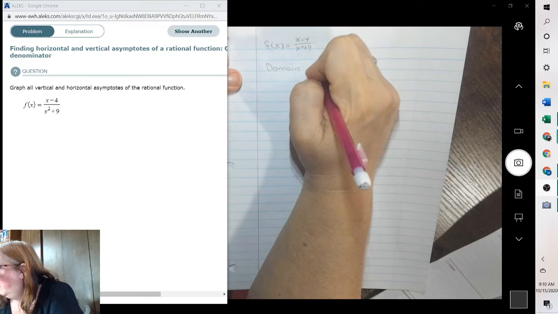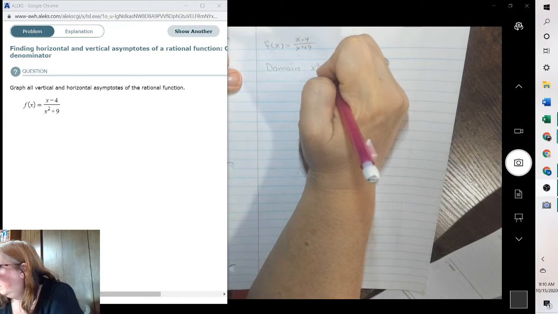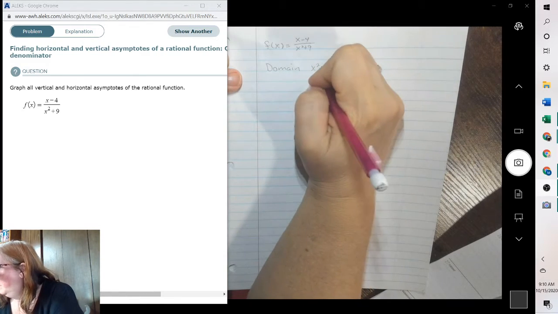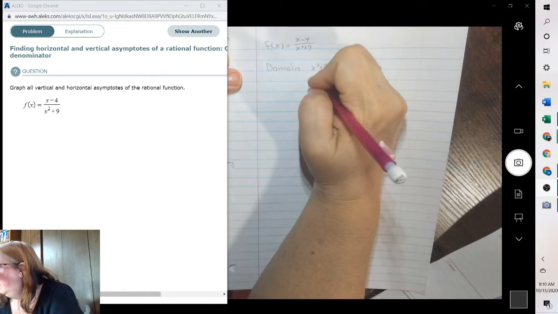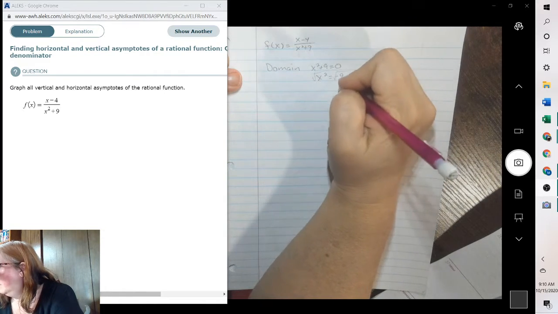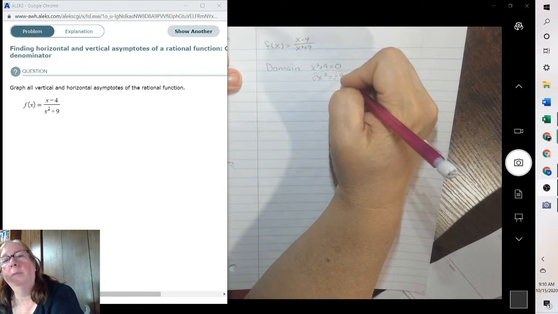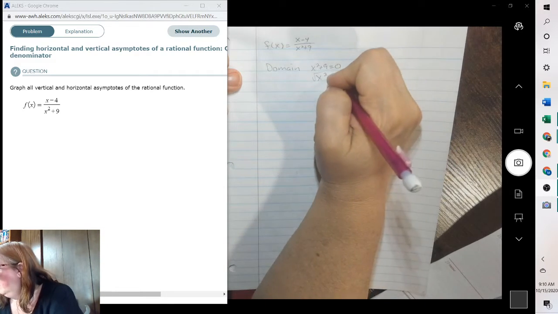To find the domain, we set the denominator equal to 0. If we do that, we have x squared equals -9. Notice we'd want to take the square root next, but this is going to be imaginary numbers, and for graphing, that's not going to work.